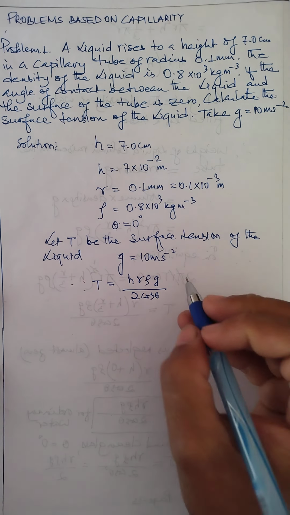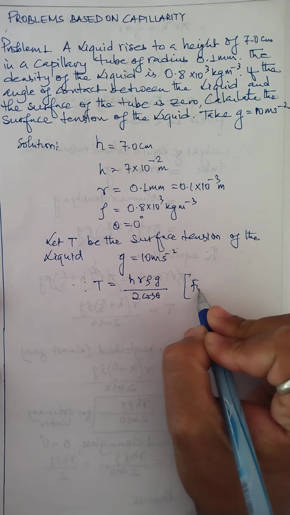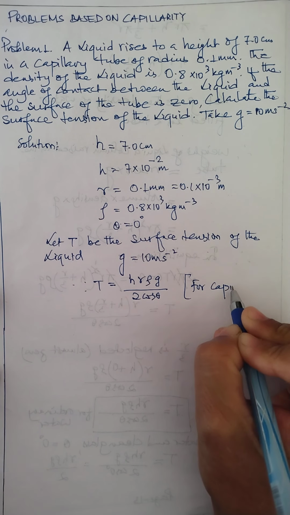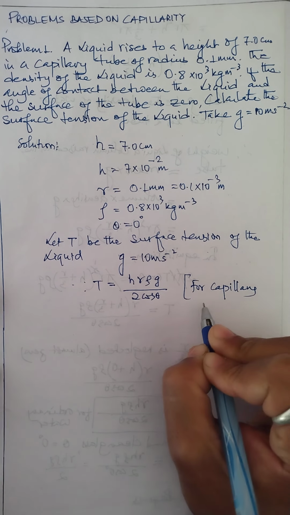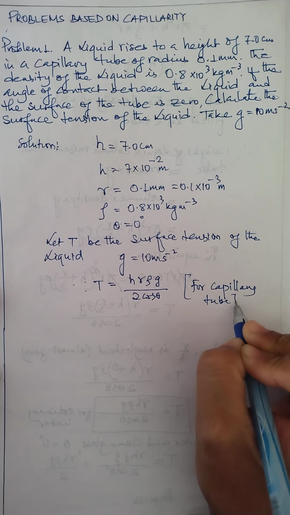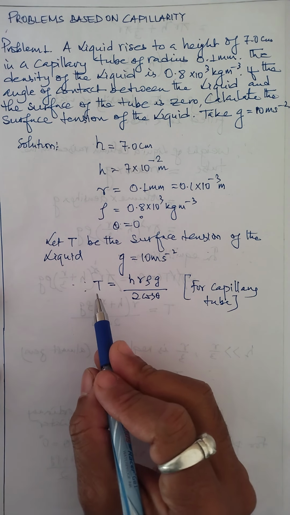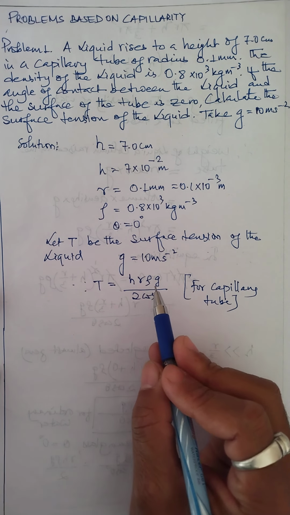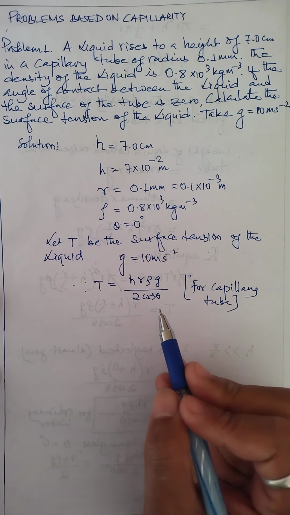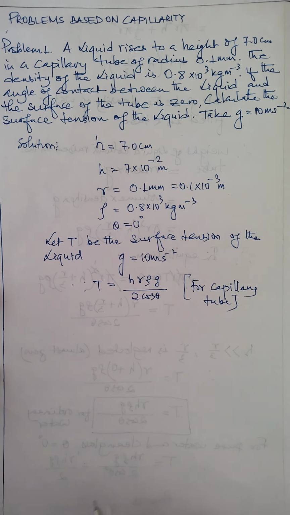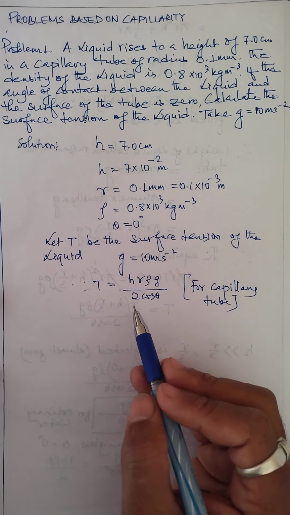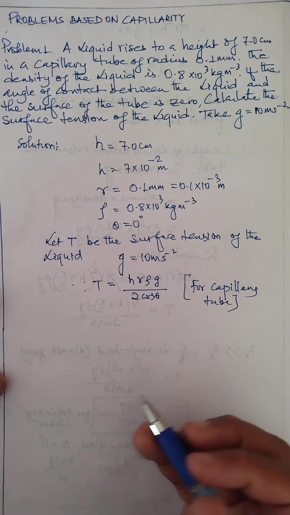This is for a capillary tube. Children, for a capillary tube, the surface tension can be easily calculated by using the formula T equals h r rho g by 2 cos theta, where theta, as I said, is the angle of contact.